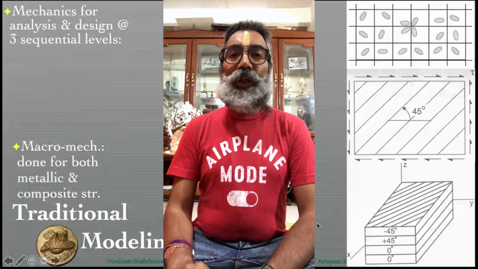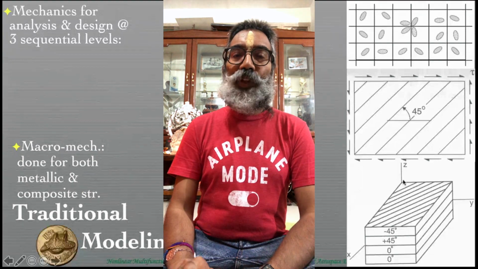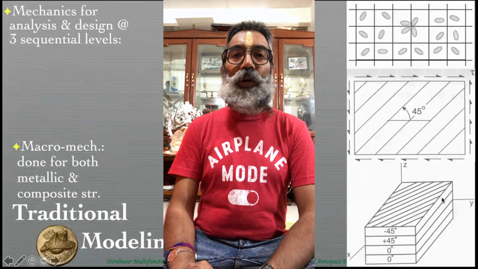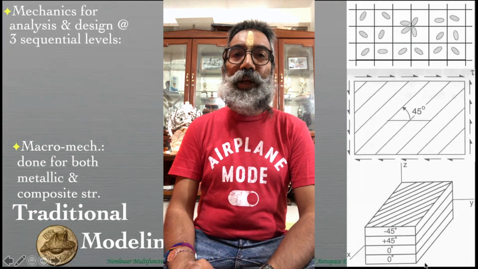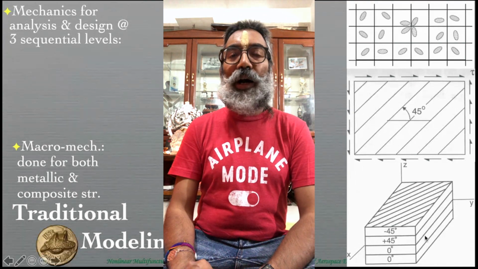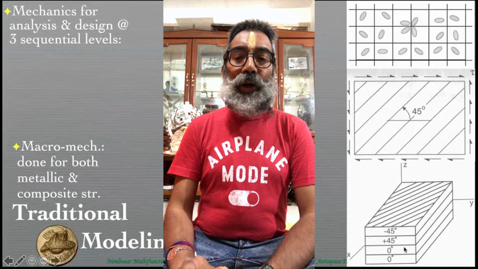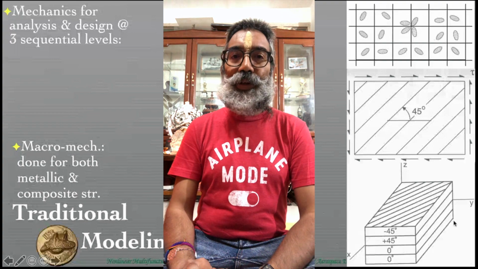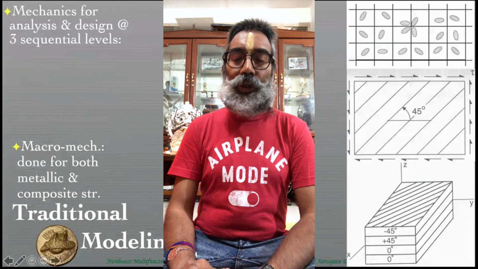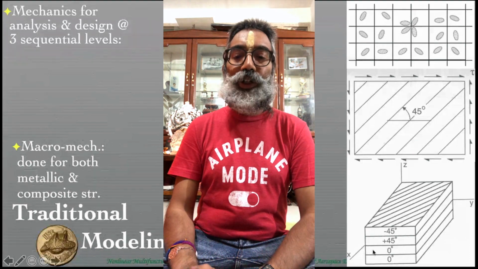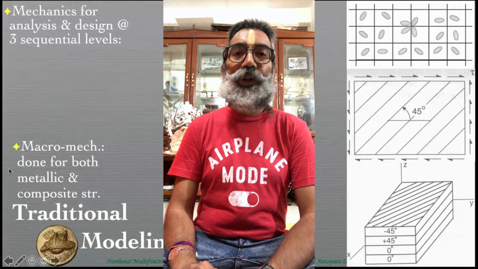So the most important thing is at the structural level, which can be thought of as a particular component. It could be a wing skin, it could be a spar, it could be a stringer, it could be a rib, whatever. But that is basically a laminate, in other words, a plate-like structure, which could sometimes also be a beam-like structure, like what is shown in this particular picture.